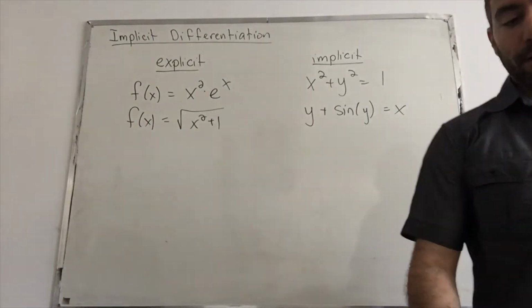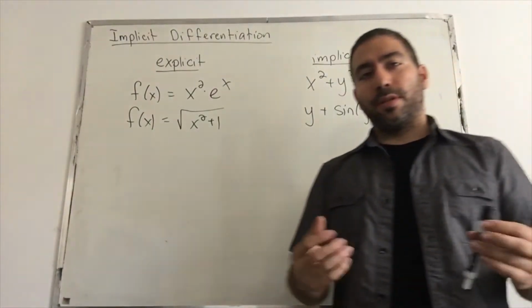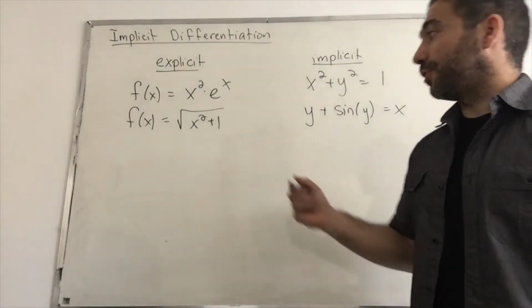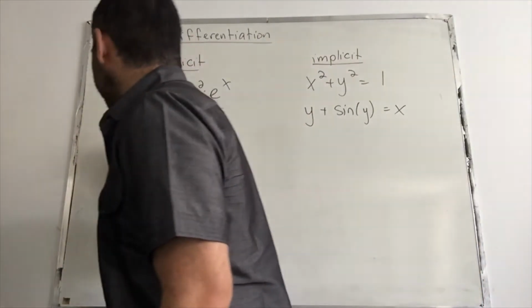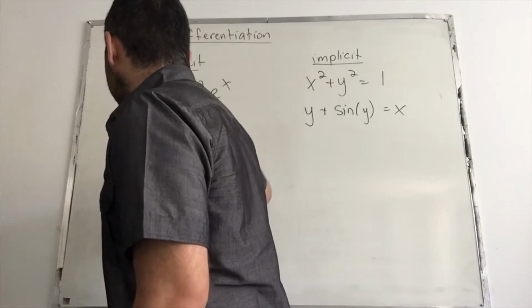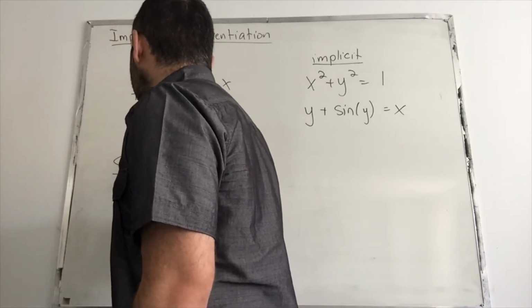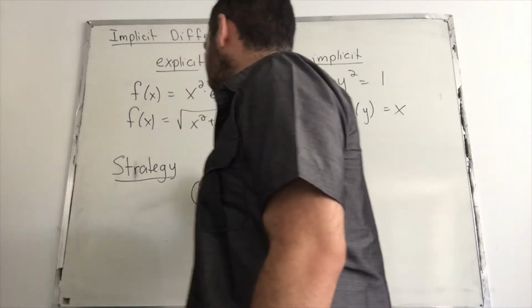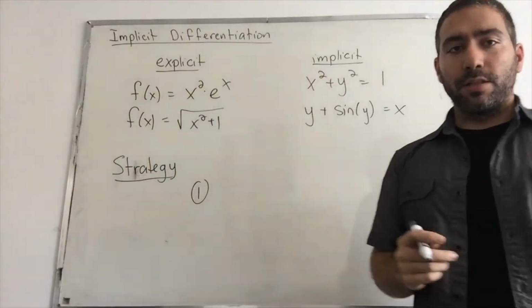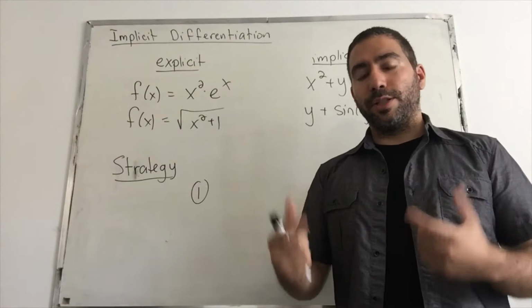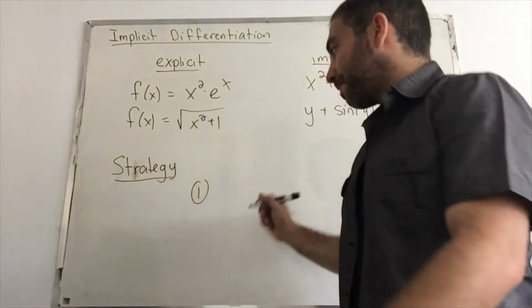So let's look at a strategy. How do we solve problems using implicit differentiation? So strategy. First step is take the derivative of both sides of the equation with respect to x.